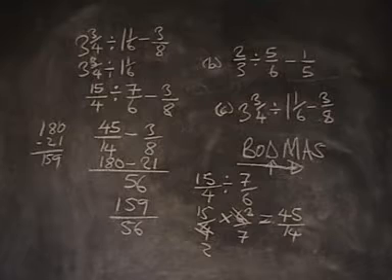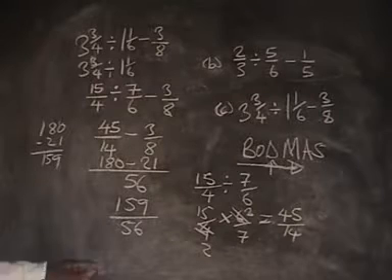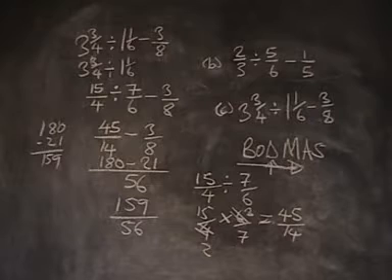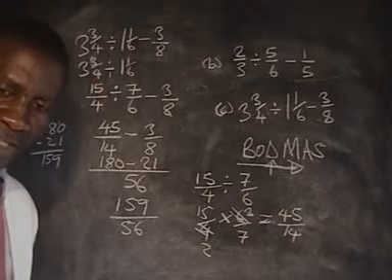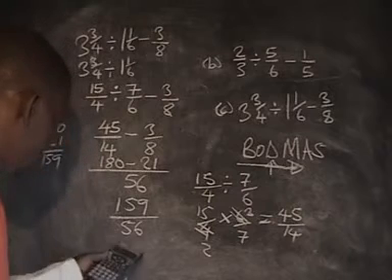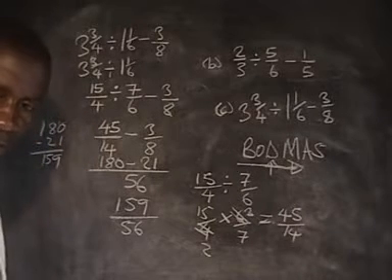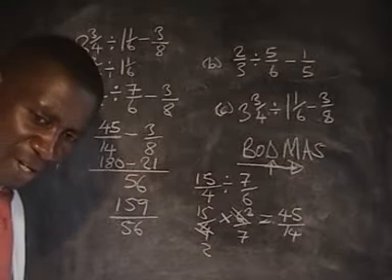159 divided by 56. So how many times can 56 go into 159? You have to figure it out there. How many times can 56 be divided into 159, so that the answer can be given as a mixed fraction?